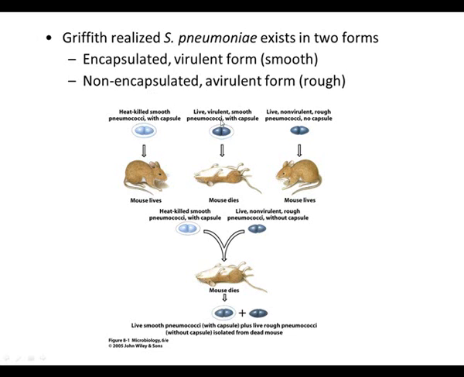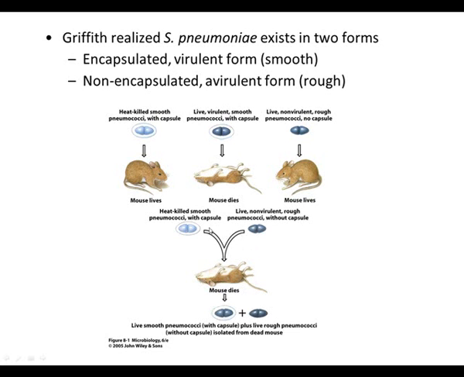But if you didn't heat-inactivate it, of course it's live, and it would kill the mouse. And if you had the non-capsulated form, you could put it into the mouse and it would have no effect. Then he did some mixing experiments, mixing the heat-killed virulent form with the non-virulent form, which was not heat-killed. This combination would kill the mouse, and he could rescue live virulent bacteria again.